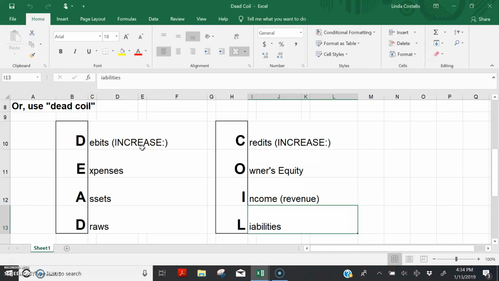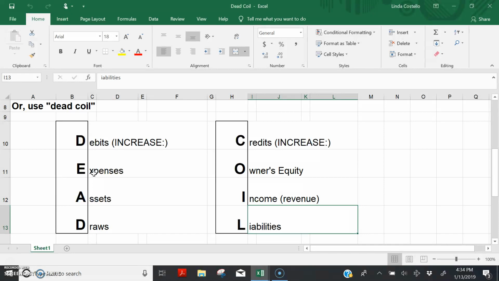If you want to decrease the account balance, on the other hand, in any expense, asset, or drawing account, you need to credit the account. These accounts all have normal debit balances, so to decrease the account, you need to credit the account because opposite signs subtract.